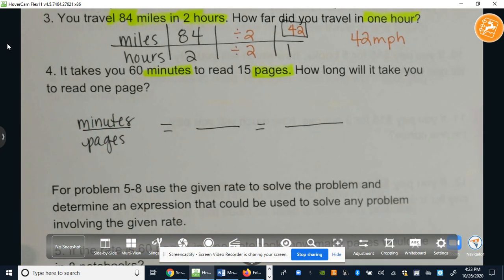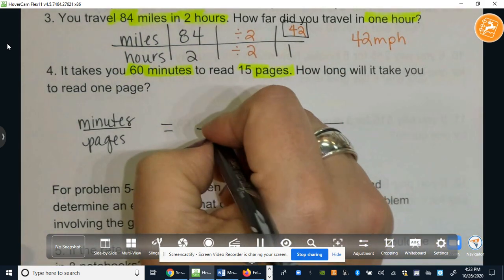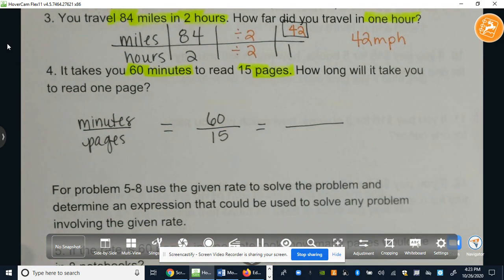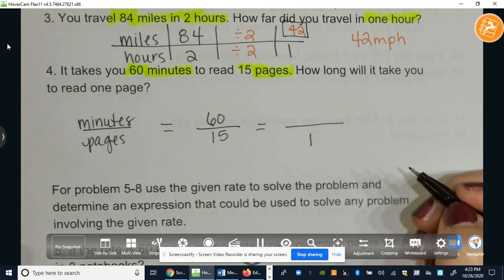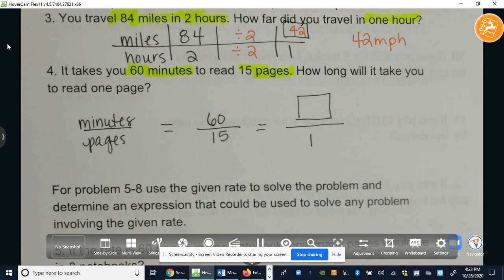What do I know about minutes and pages? Well, I know that it took 60 minutes for 15 pages. And I need to figure out what one page is going to be.